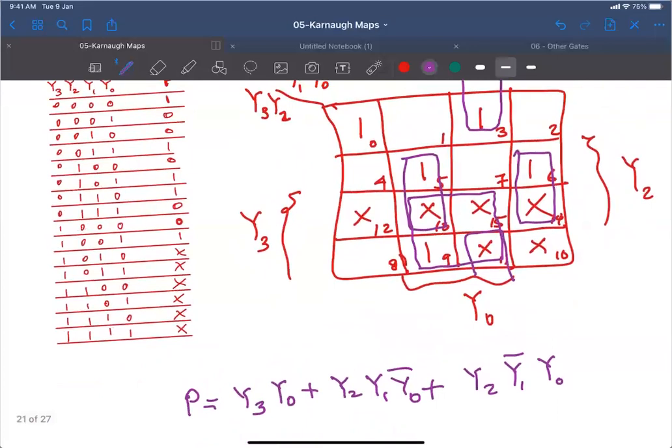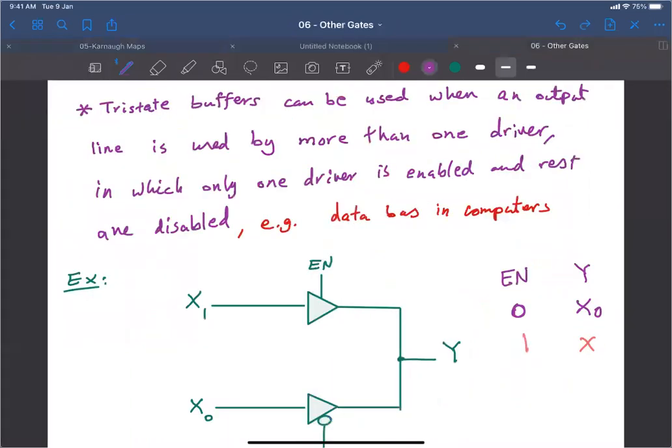So what is 11 and 3? y0 and y2. Let's start with y2. Okay, y2 complement. Okay, what about y1? Is it outside or inside? It's inside, yeah. And y0, it's inside, right?